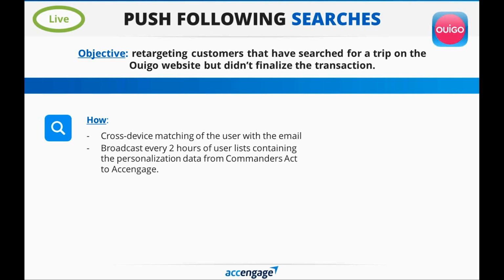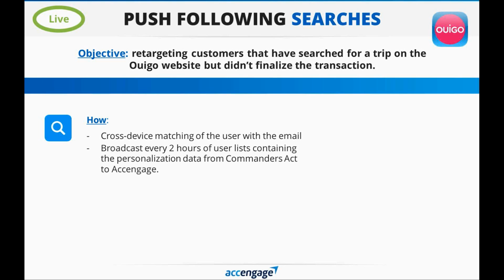What we're doing is matching the customers based on their email key. So it's a cross-device matching. Each of the users that are looking at a certain trip on the website are identified with their email address with the Commanders Act DMP.